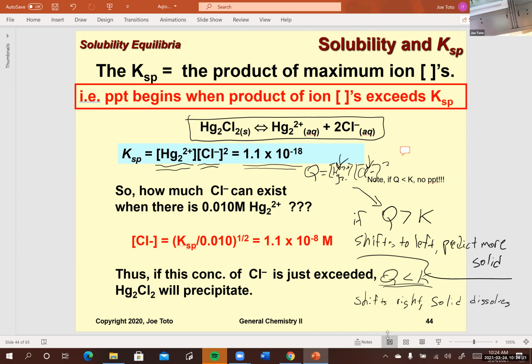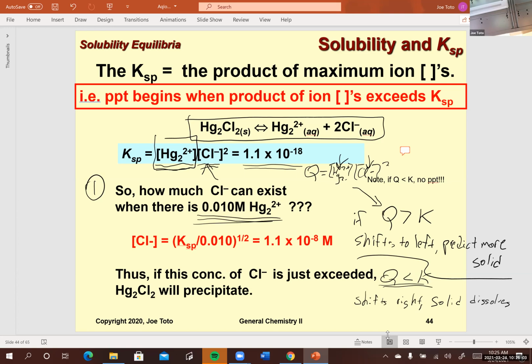And so we can think of another situation where one of the ions has a certain concentration from another source. In this solution, there happens to be 0.01 molar of this mercury ion. So this guy's already set. Then the question you can ask is, what concentration does Cl minus have to be before precipitation takes place?